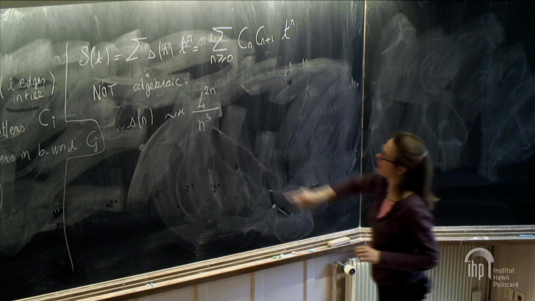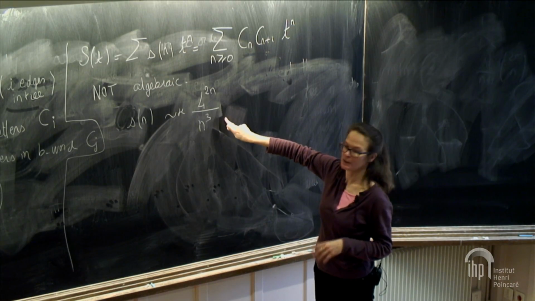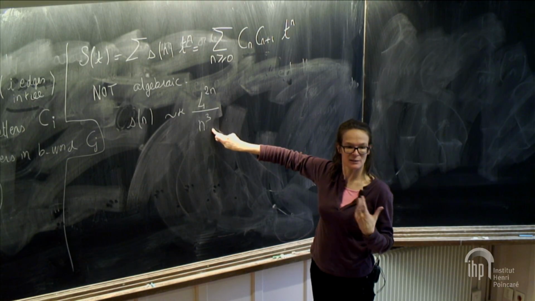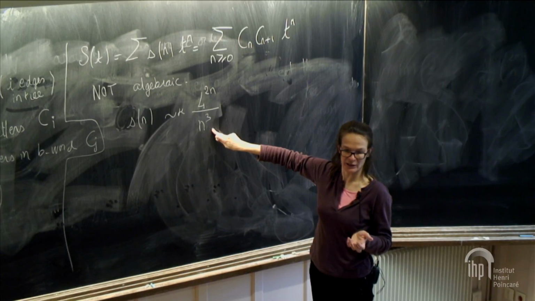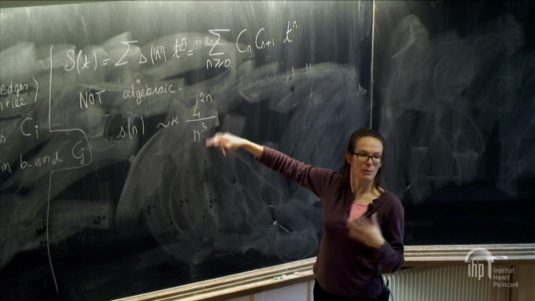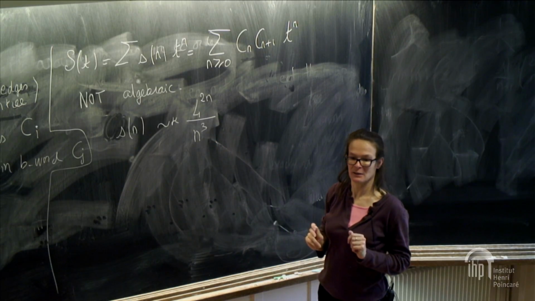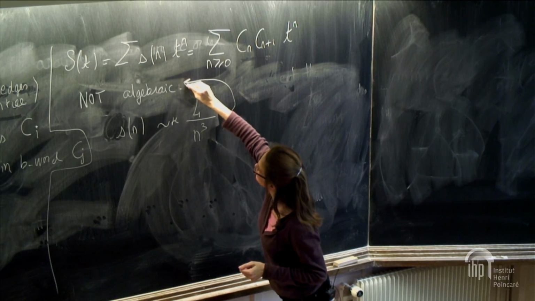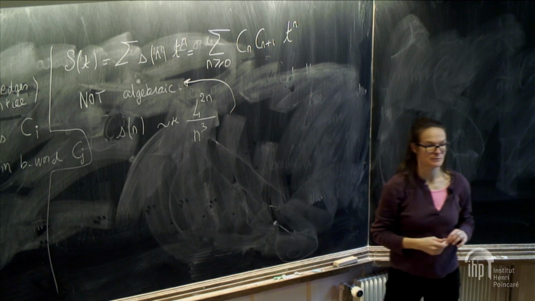And this cannot be the coefficient of an algebraic series. If you think of 4 to the n over n, that's an expansion of a logarithm, which is not an algebraic series, and the same holds for this, which is a double primitive of something with a log, in a sense. So this implies that this is not algebraic.